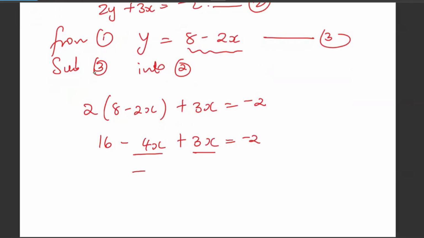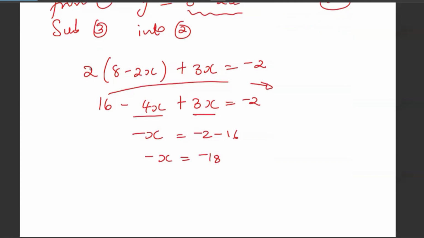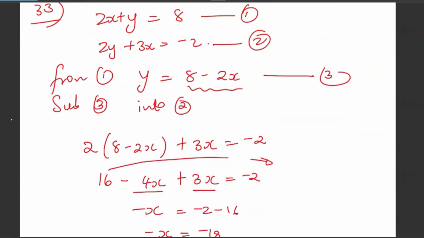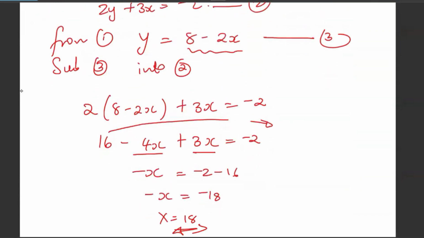Simplifying this, I'll have negative x. When I move the 16 to that side, it's going to be negative 2 minus 16. So negative x is equal to negative 18. Then divide through by negative 1, meaning that x is going to be 18. So if x is 18, then I need to get this answer and then replace it into equation number 3.